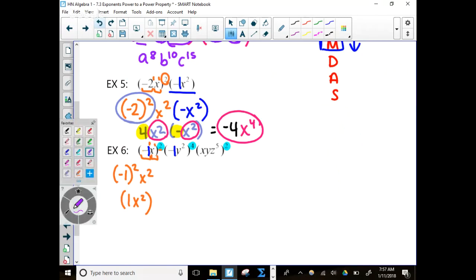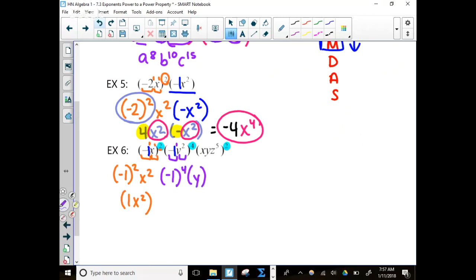So it's going to be very similar for the second part. We have 2 factors, -1 and y squared. So -1, 1 times 4 would be 4. Y to the 8th. Okay, -1 times -1 times -1 times -1 is again going to end up being a +1.